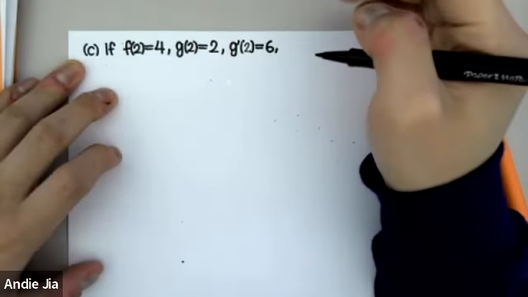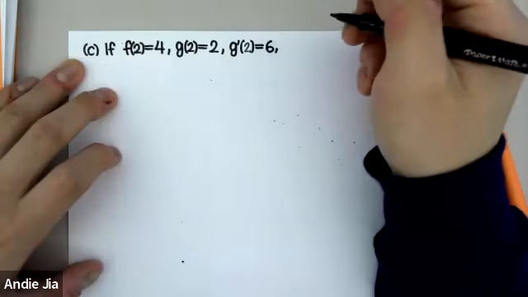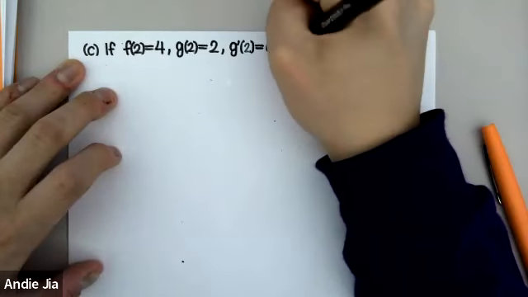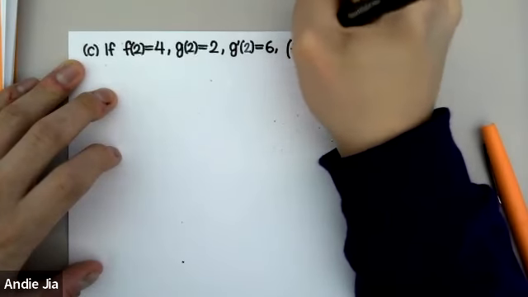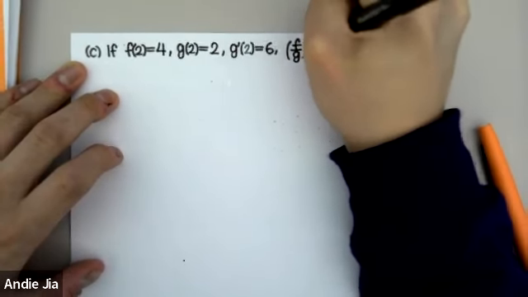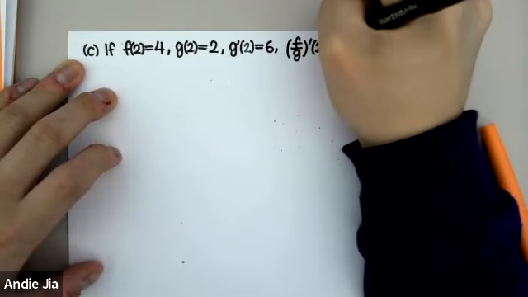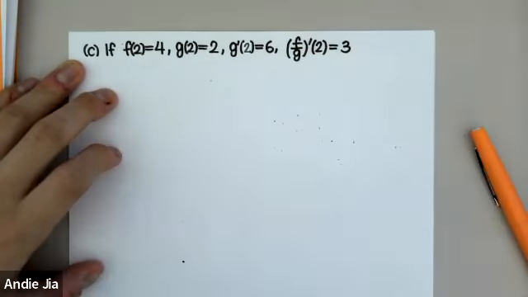And then f prime of g of 2 is 3. Find f prime of 2.